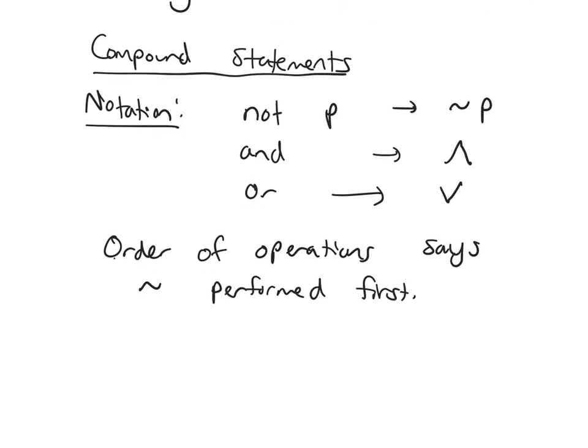So if you see a compound statement, for example, something that looks like this, we'll say not P or Q, what this is really saying is the not is done first. So really this is the same thing as not P, or Q.